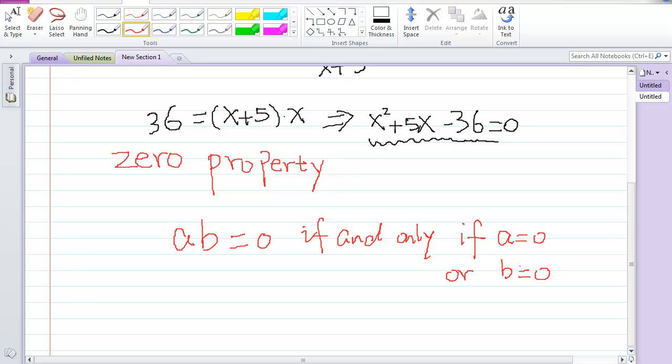They can both equal 0. However, one of them has to be 0 in order for the product to be 0. It's called the zero property because we're going to use this property to solve these quadratic equations.